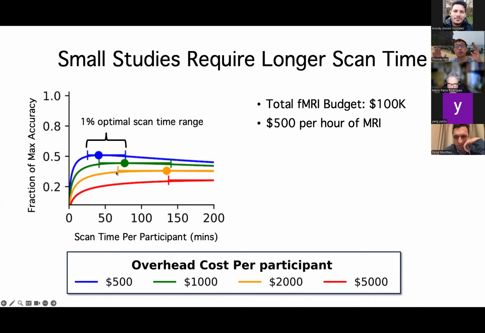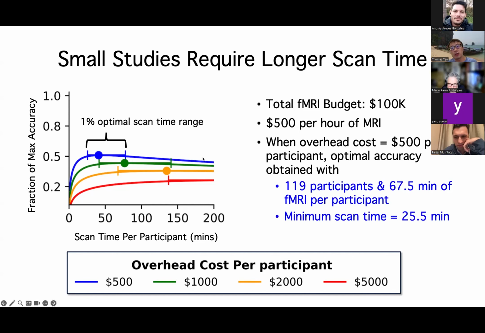We also provide an error bar. The error bar shows the range of scan time for which we can achieve within 1% of the maximum prediction accuracy. Notice that the left side of the error bar is short, but the right side is long. That's because the curves rise sharply when scan time is short before slowly decreasing as scan time increases.